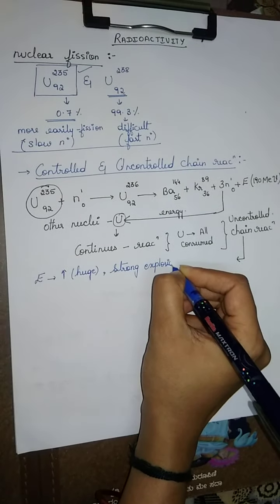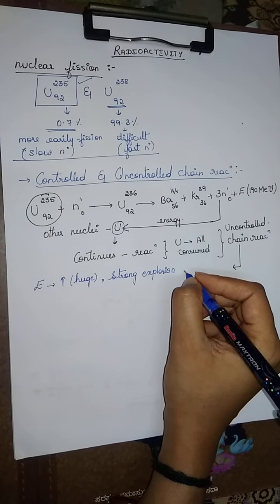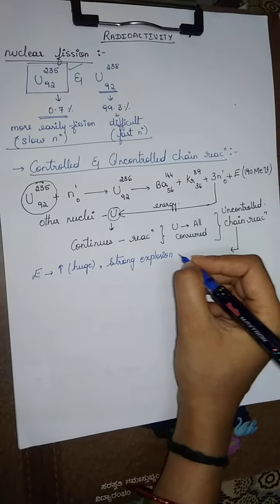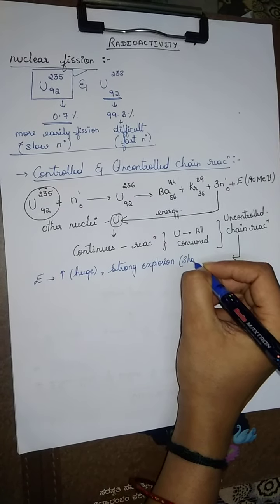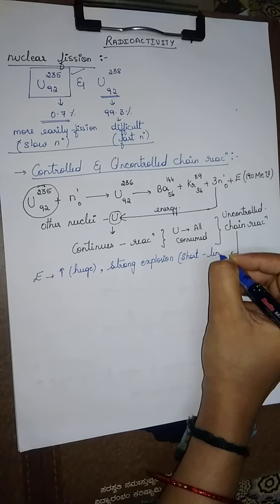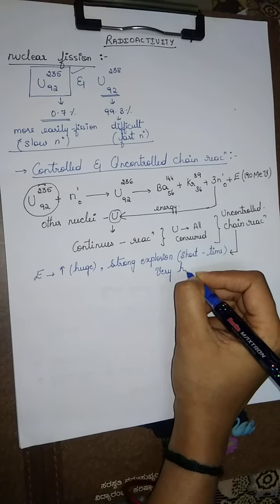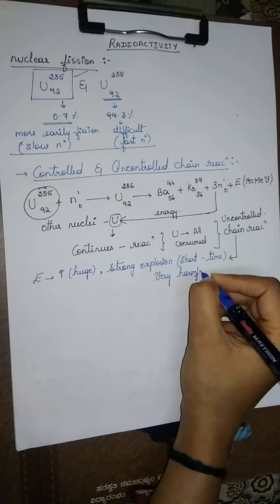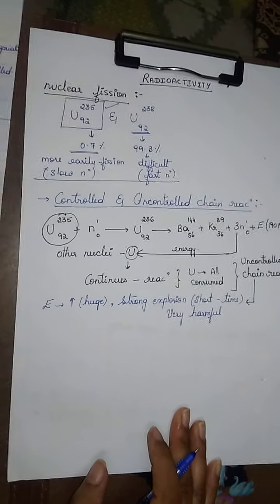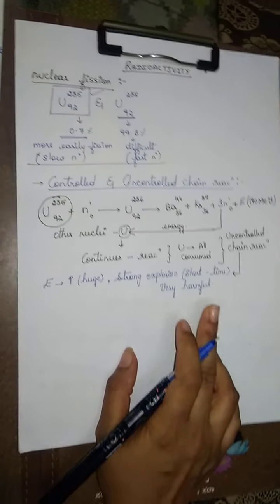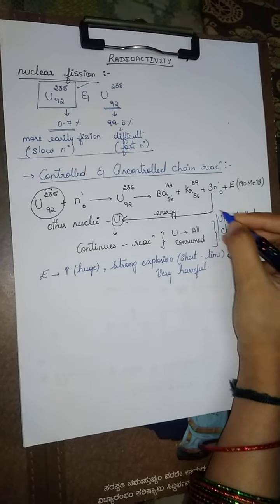This explosion occurs in a very short time, and because of it, it is very harmful. This is called an uncontrolled chain reaction.